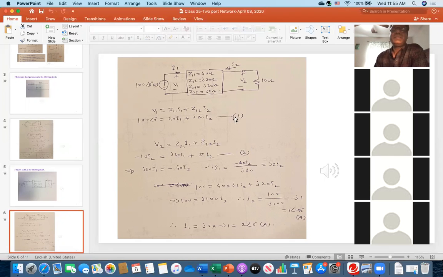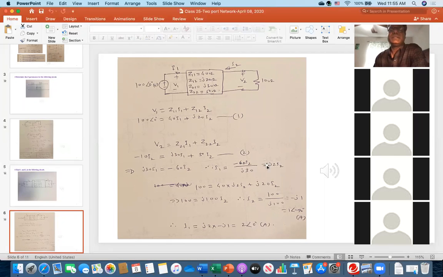Now you see you have 2 equations and you have 2 unknowns, I1 and I2. You just find them out. I simplified equation 2, you see j30 I1, and I have moved this 50 I2 to this side. That makes 50 and 10, minus 60 I2. From here I got the I1 value, j2 I2.